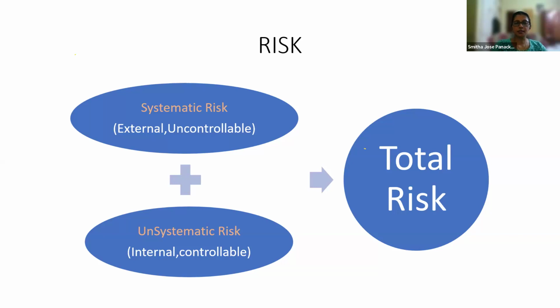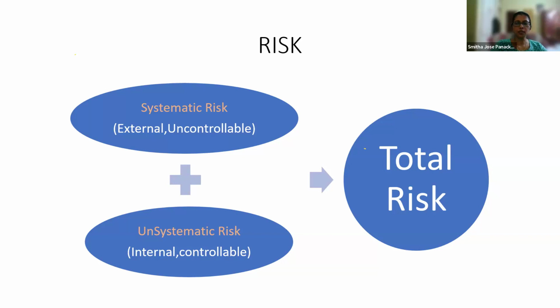A systematic risk is the component of total risk which is uncontrollable in nature. Uncontrollable means we cannot control that risk. We have to bear that risk somehow. Can you give examples for that?